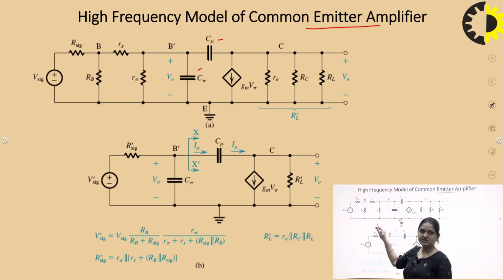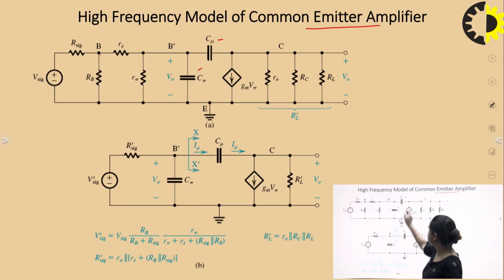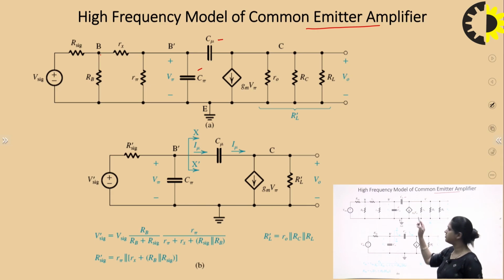From the previous lecture you can see that this is the same model, the high frequency pi model, where at the base Rx is connected to model the base resistance, R pi is the input resistance, C pi is the base emitter junction capacitance, C mu is the base collector junction capacitance, gm v pi is the collector current, RO is the internal output resistance of BJT, and RC is the collector resistance and RL is the load.